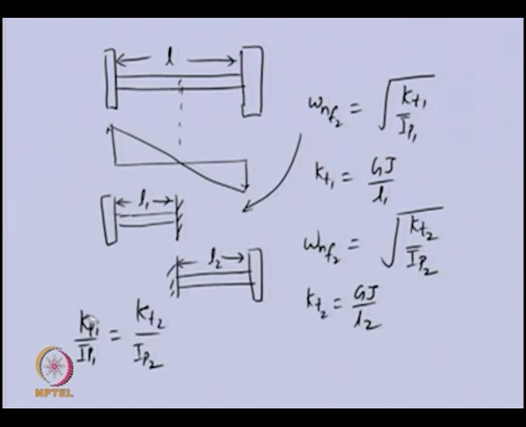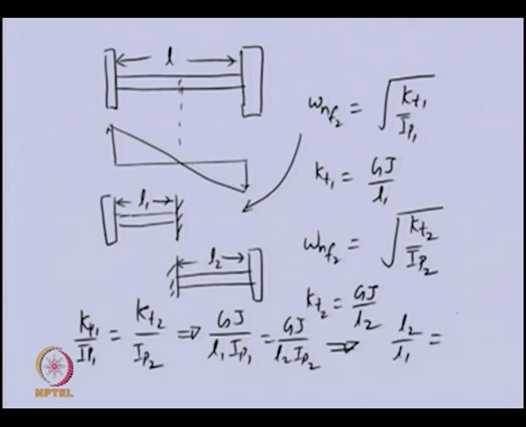So, when we substitute IP1, KT1 and KT2 from these expressions, we will be getting GJ by L1 IP1 is equal to GJ by L2 IP2. So, this will give us, because we have some terms common, they will get cancelled. So, we will be having L2 by L1 as IP1 by IP2. So, you can see that the node position will be inversely proportional to the mass moment of inertia.